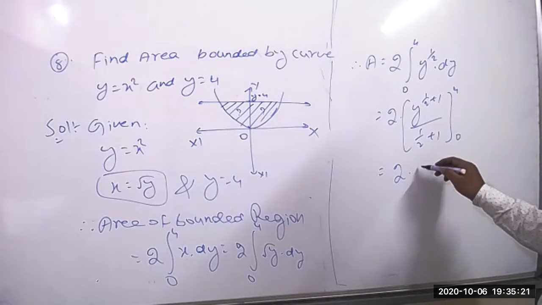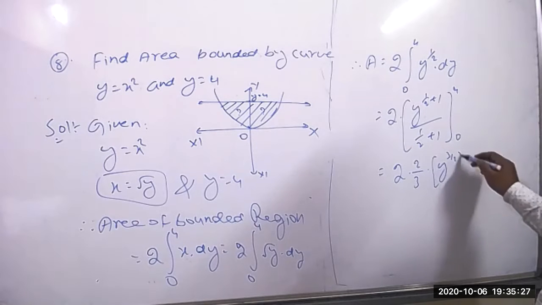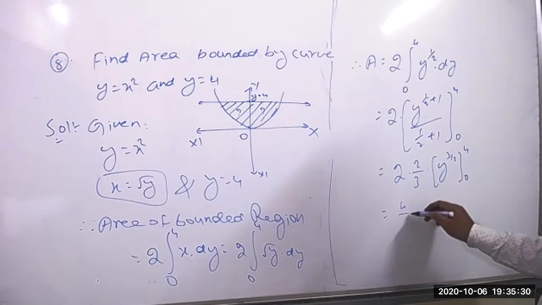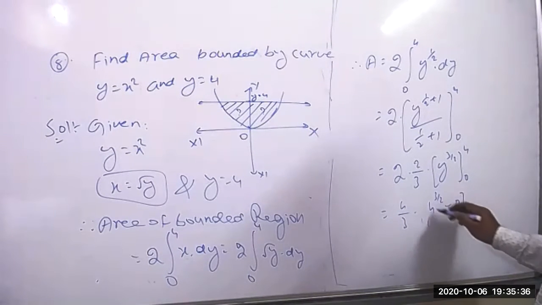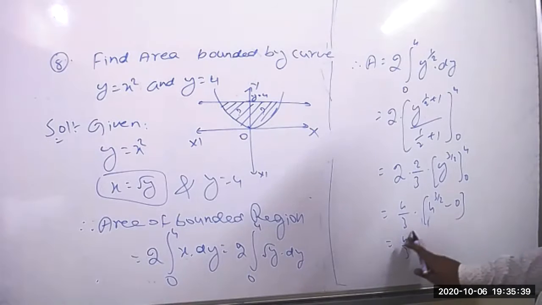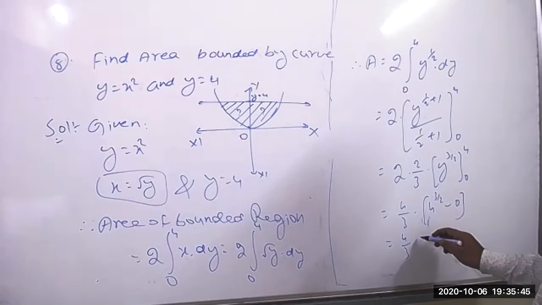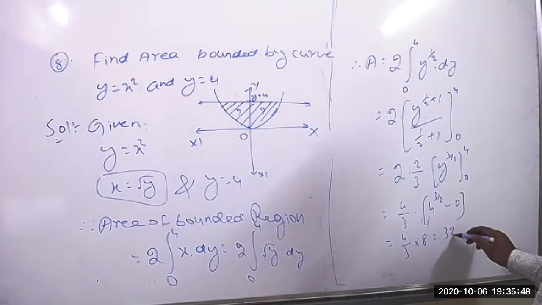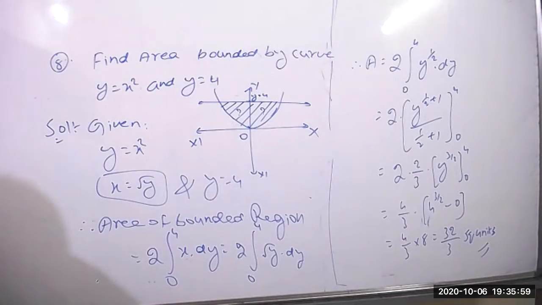So 2 into 2 by 3 y power 3 by 2, 0 to 4. That is 4 by 3 into 4 power 3 by 2 minus 0. 4 can be written as 2 square, and 2 cube means 8. 4 into 8 is 32 by 3 square units. The area of the bounded region by the parabola x square equal to y and y equal to 4 is 32 by 3 square units.